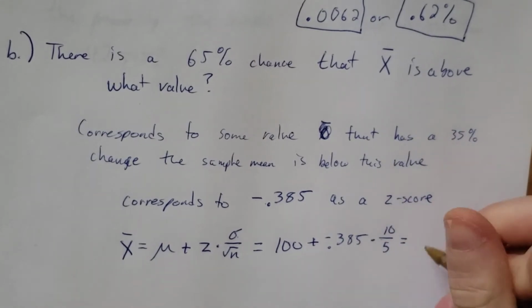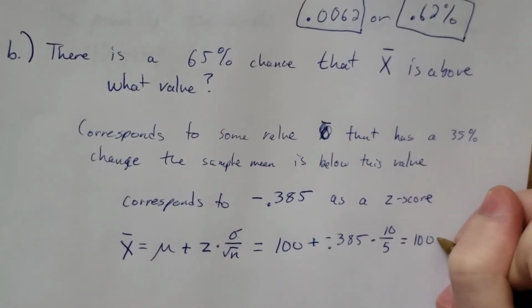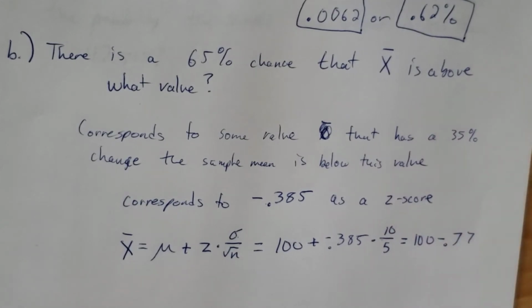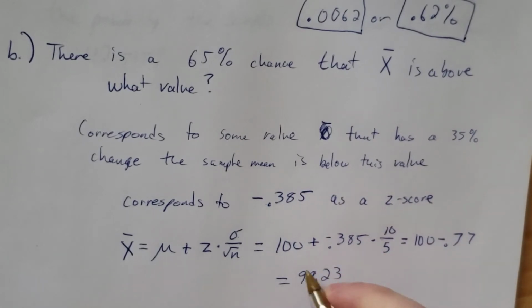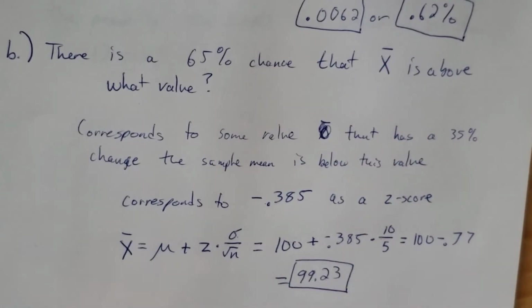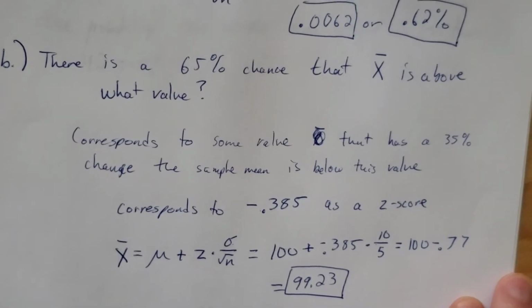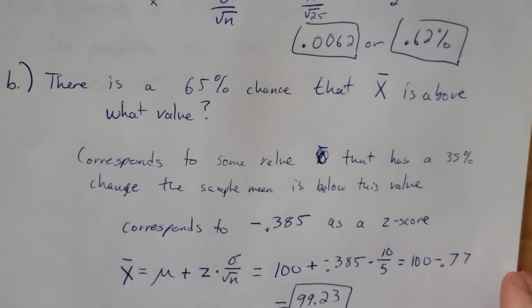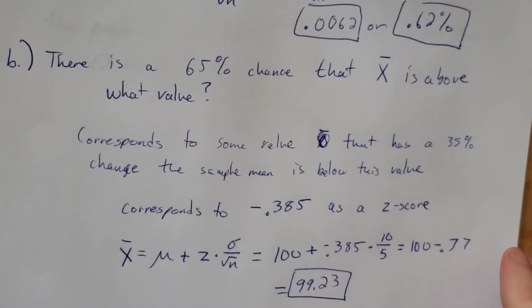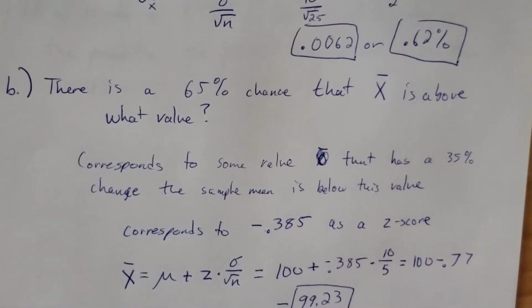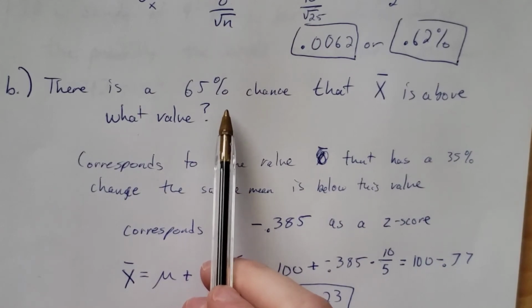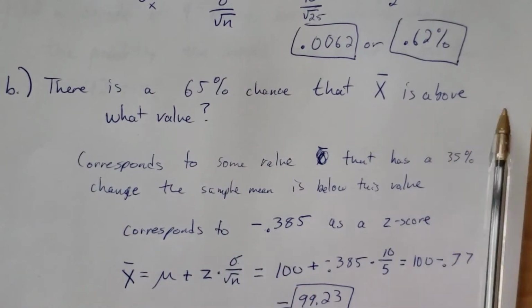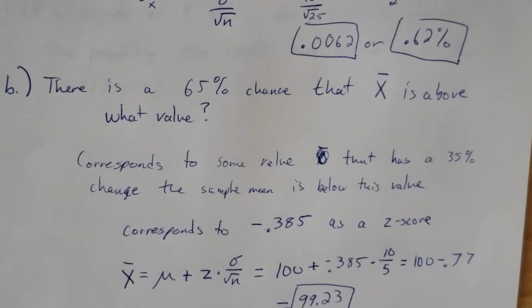We plug all of this in, we get 100 minus 0.77, which is equal to 99.23. So this will be our sample mean. If we get 99.23 as a sample mean, that means that there is a 65% chance that our sample mean will be above that value.